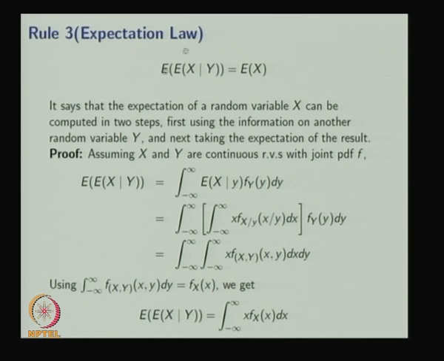You can visualize it the other way around. Expectation of x can be computed as the expectation of the conditional expectation of x given y. That means you can take any random variable y, as long as the conditional expectation is possible, find that conditional expectation, then, since the conditional expectation is a random variable, find the expectation of that random variable, that is the same as the expectation of x.